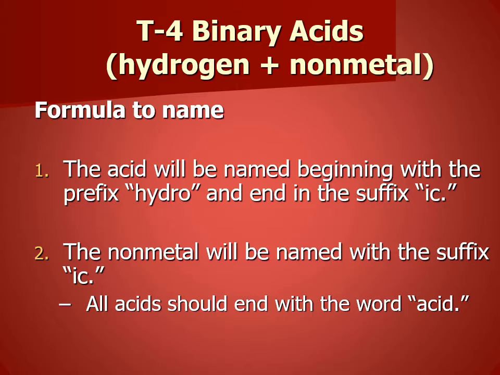The nonmetal, which is combined with hydrogen, will be named with the ic, not ide like chloride. Now it'll be named chloric. So that's how we're going to differentiate it as an acid. So in the case of HCl, hydrochloric acid. And then we always tack on the word acid to make sure that it's very clear that this is an acid.